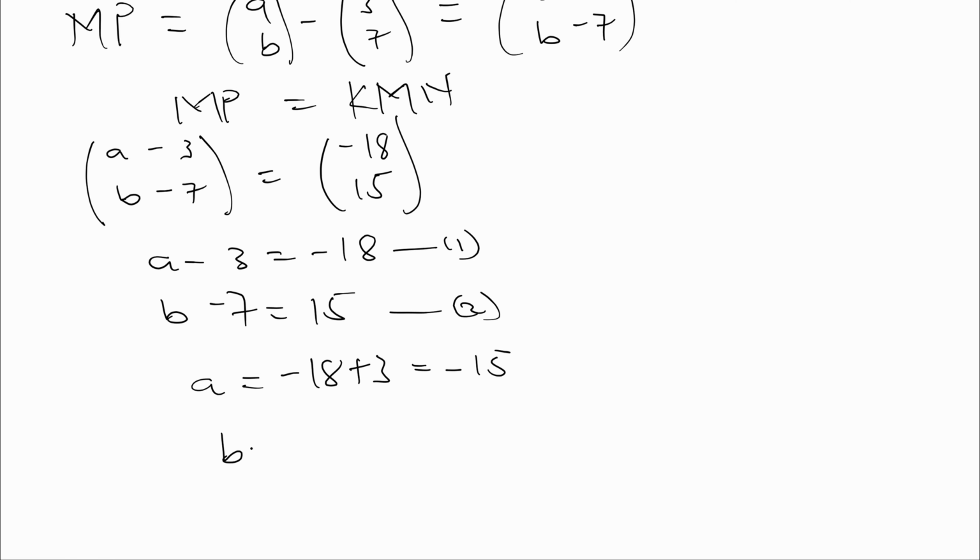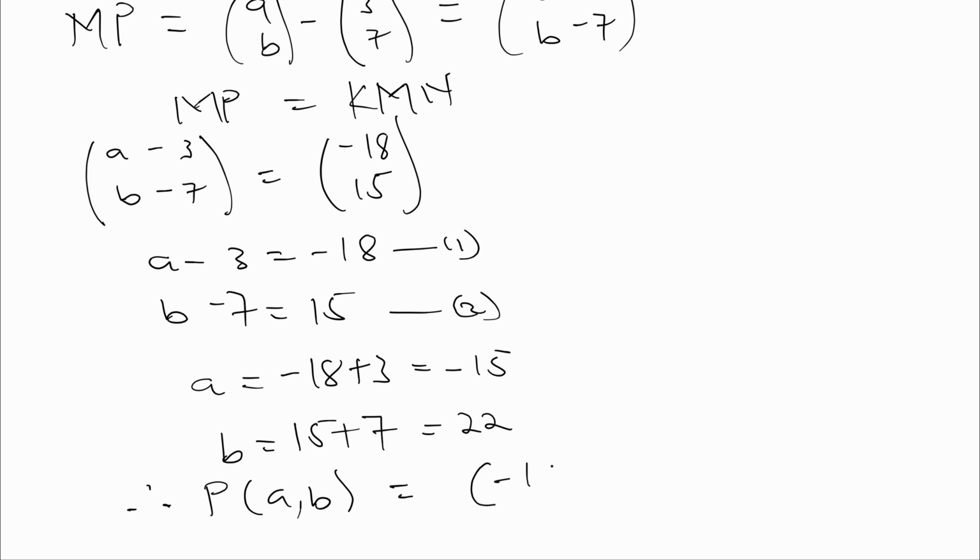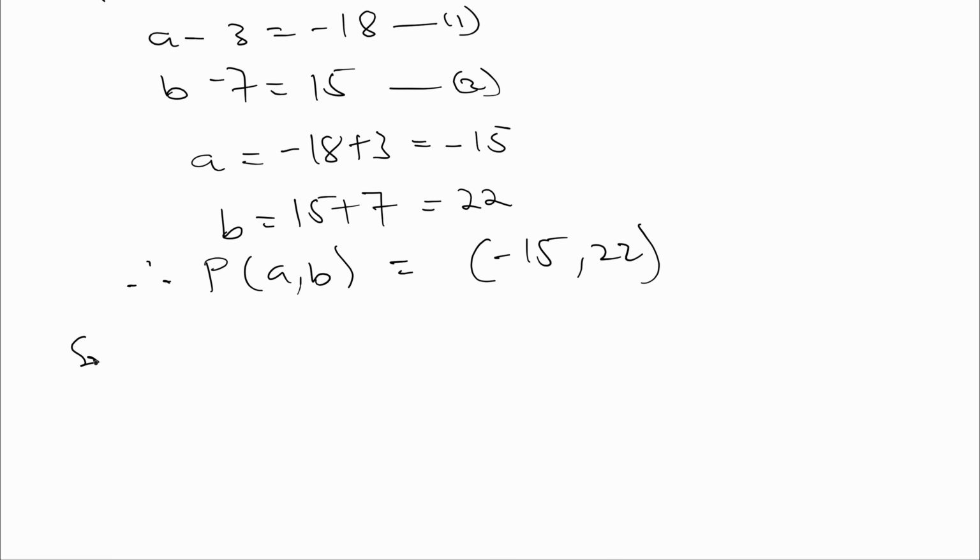And our b will be equal to 15 plus 7, which is equal to 22. Therefore, our P, which is (a, b), will be equal to (-15, 22). So P is equal to (-15, 22). This brings us to the end of question 12a.